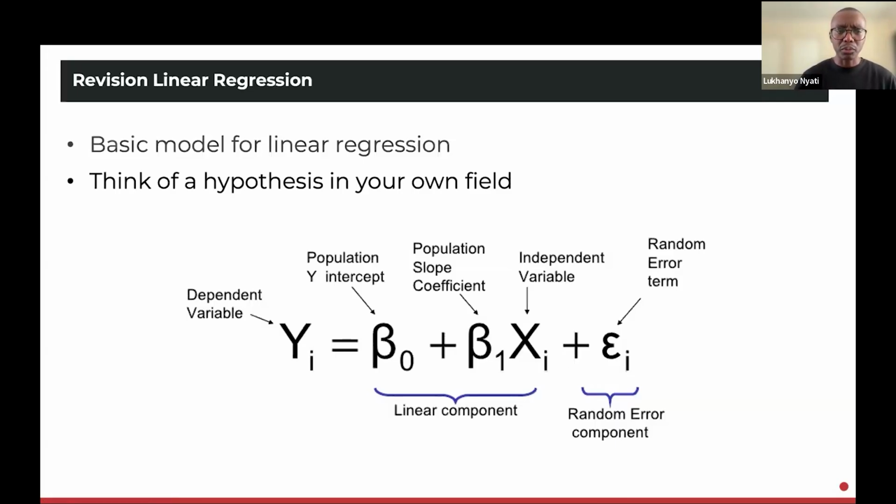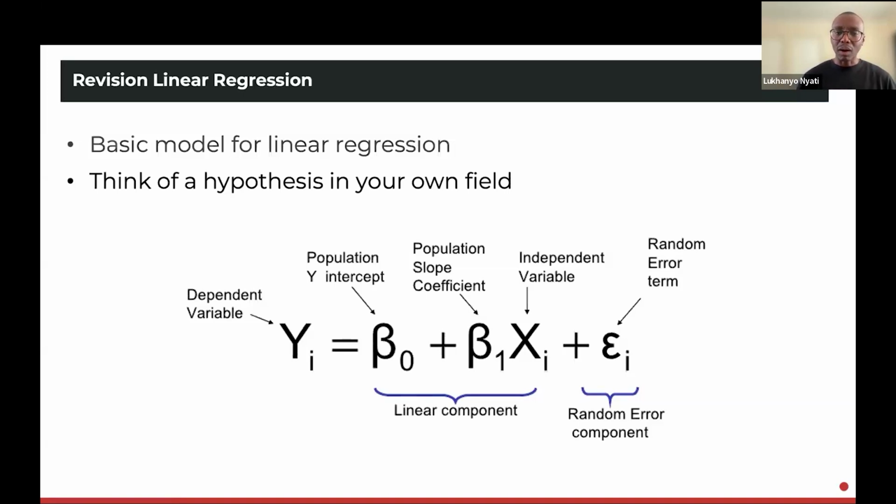And if you think back to your high school mathematics, the function for a linear equation is y equals mx plus c, which represents the relationship between x and y.